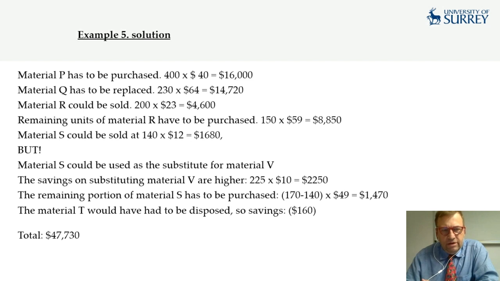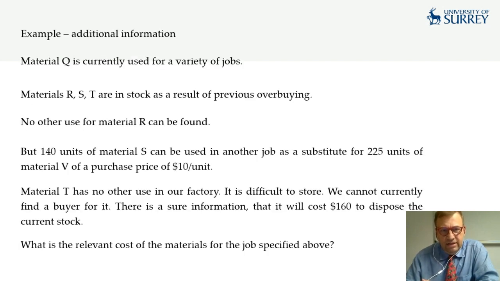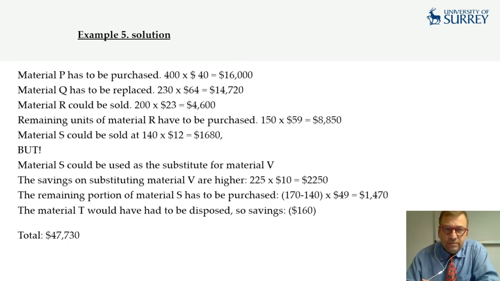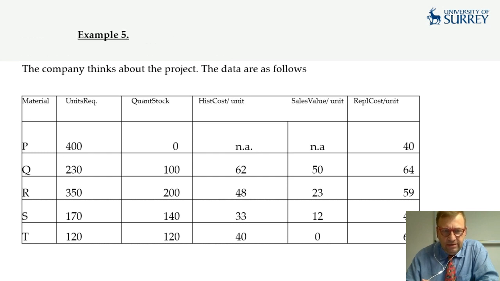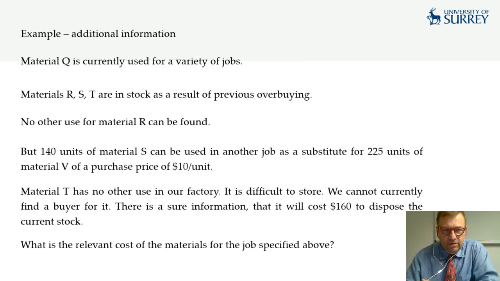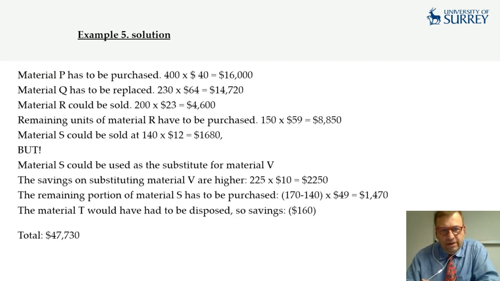Then material Q, because this is the information, is currently used for a variety of jobs. So material Q has to be replaced. We use 230, we have 100 in stock, however we use it currently for a variety of jobs, so it has to be replaced.